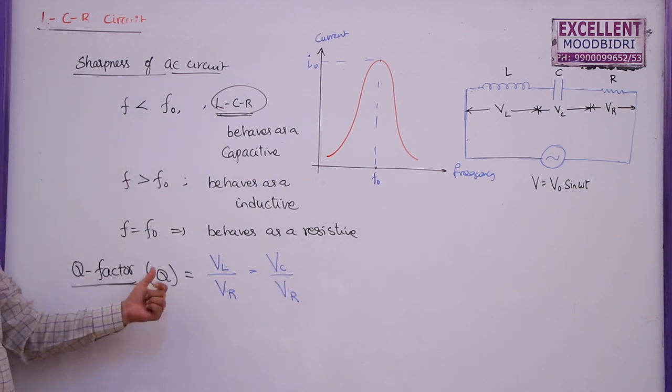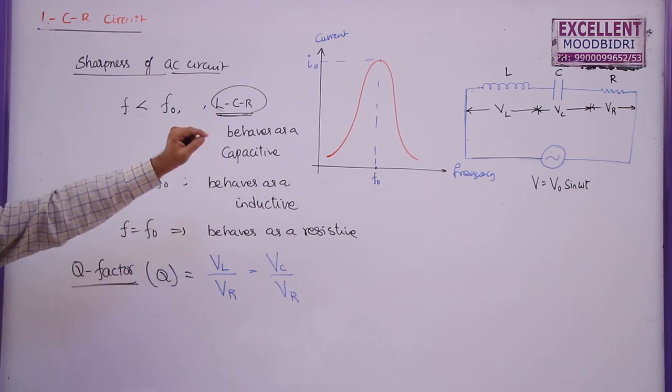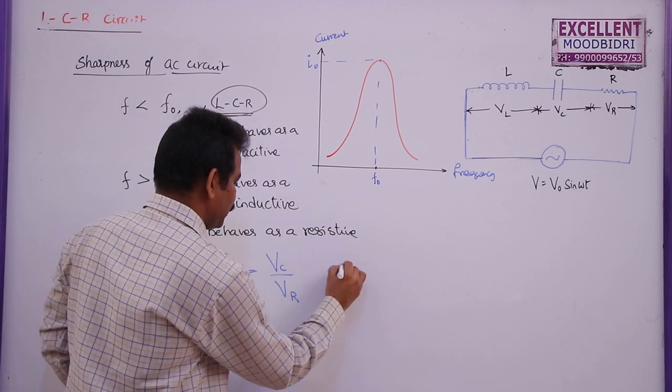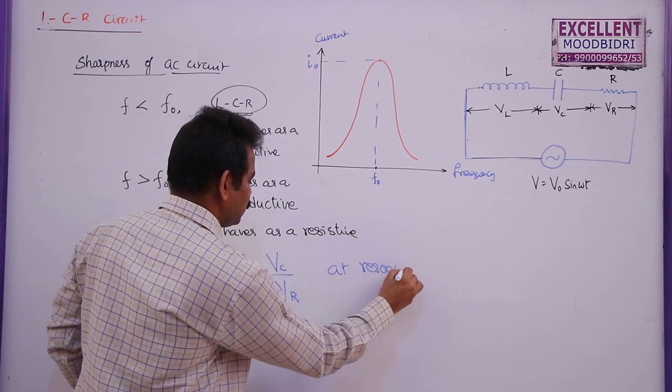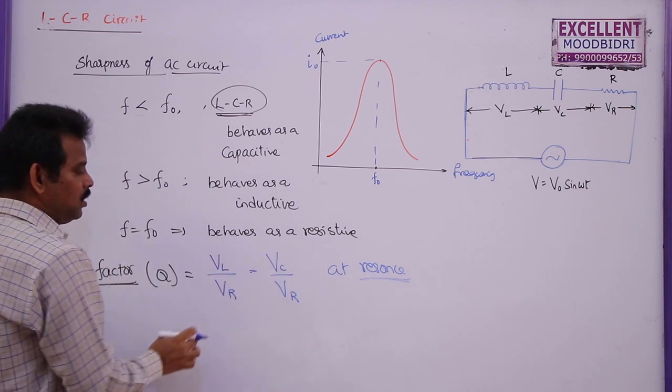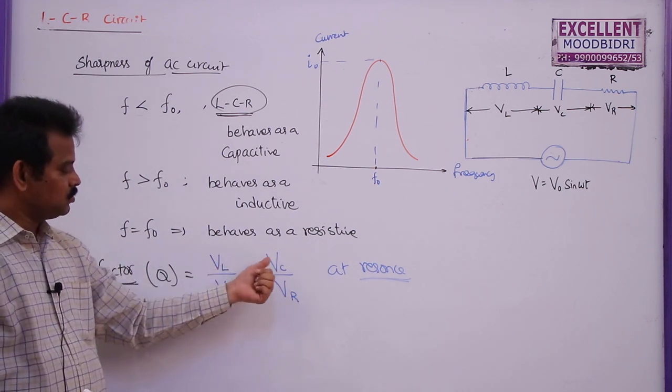The quality factor of an LCR circuit is only defined at resonance. At resonance, we know that these two are equal: XL is equal to XC, or VL is equal to VC.